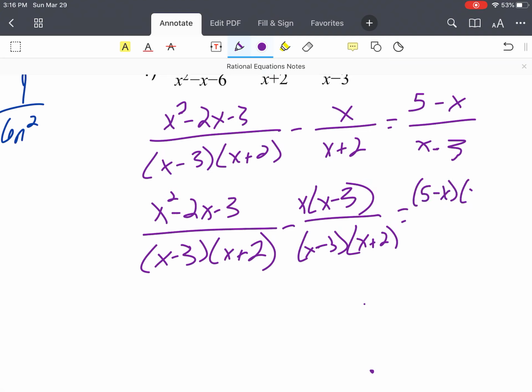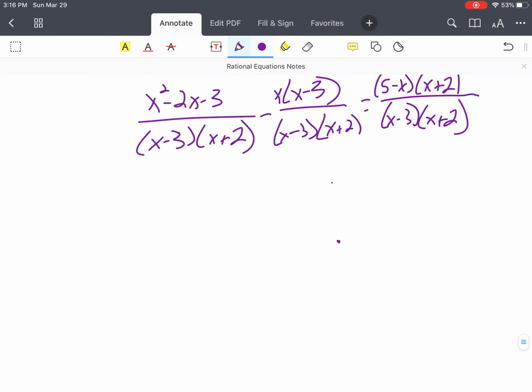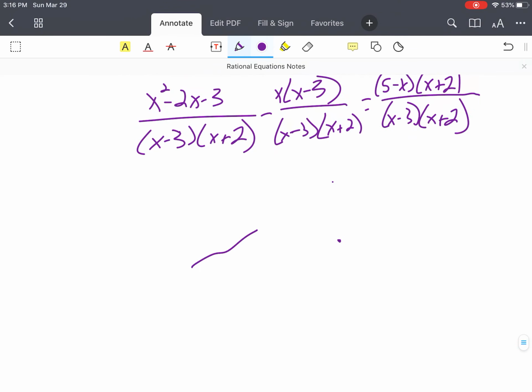And this one is going to need an x plus 2. So all three of our fractions have the exact same denominator, which means we get to forget about it.